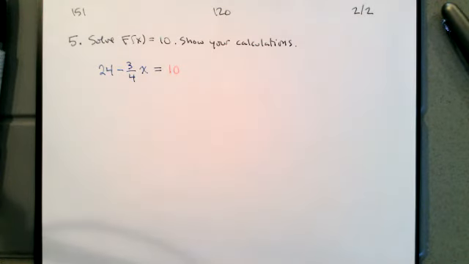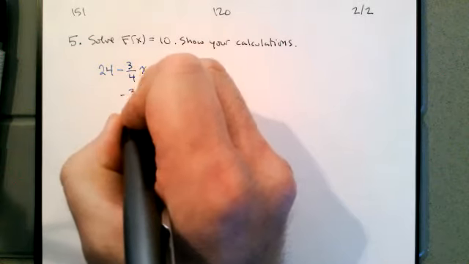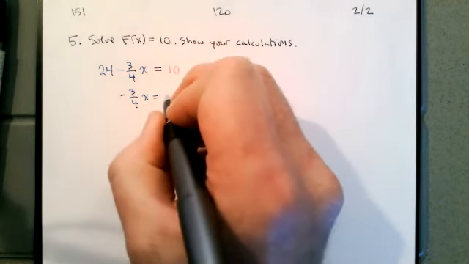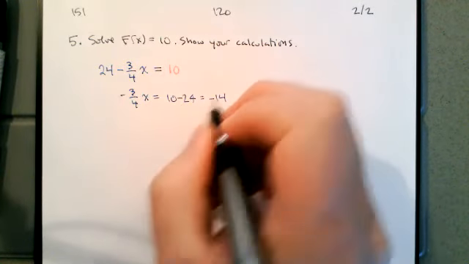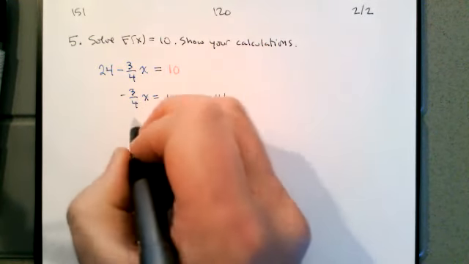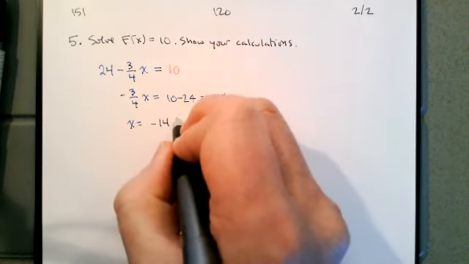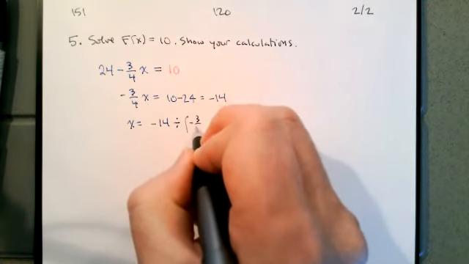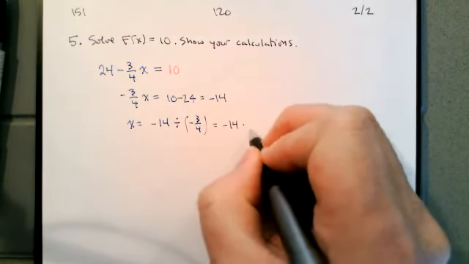So we'll subtract 24 from both sides. That'll be negative 3/4 x is equal to 10 minus 24, which is negative 14. And then I'll divide by negative 3/4, which is multiply by the reciprocal.